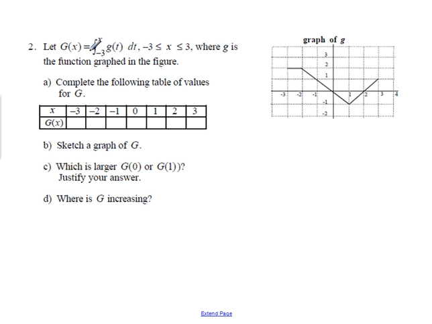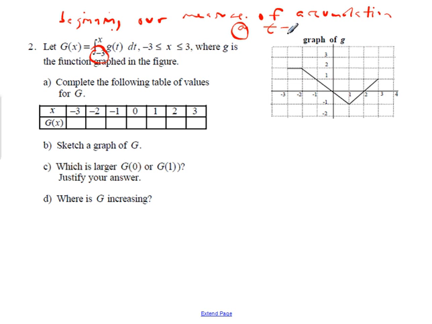Okay, in this text problem, we're not starting from 0. We're starting from -3. So that's where we're measuring our accumulation. So we're beginning our measure of accumulation at t equals -3.